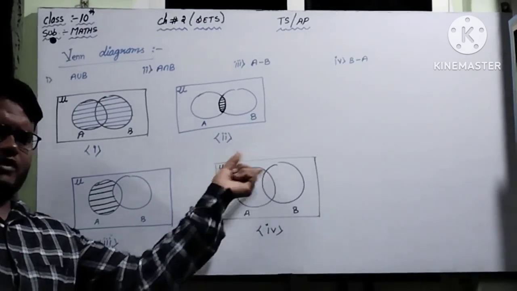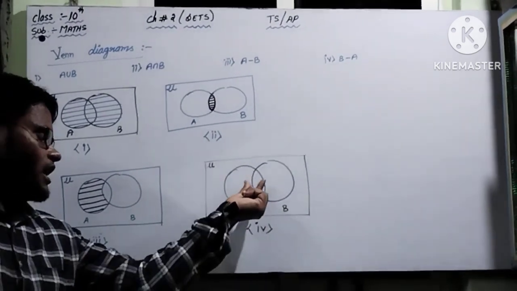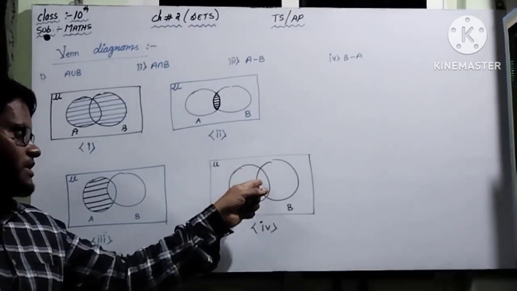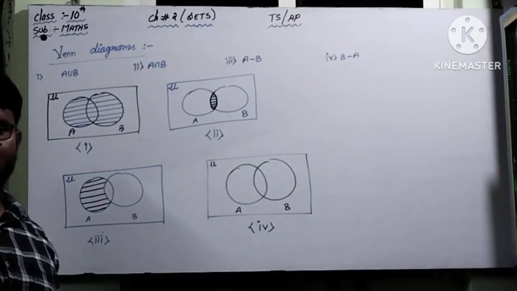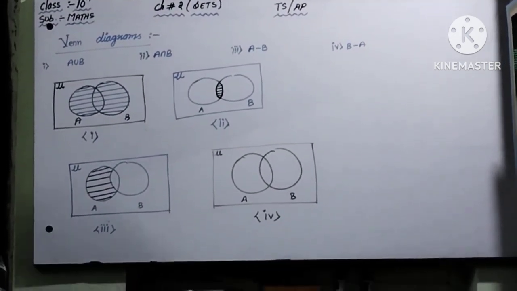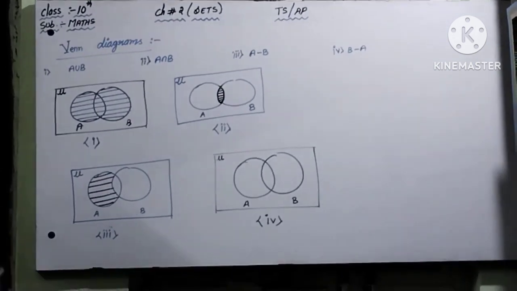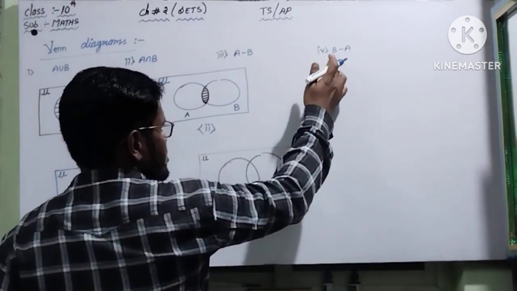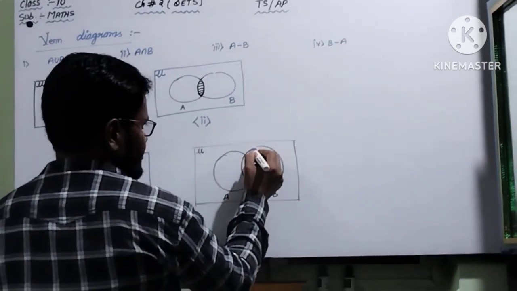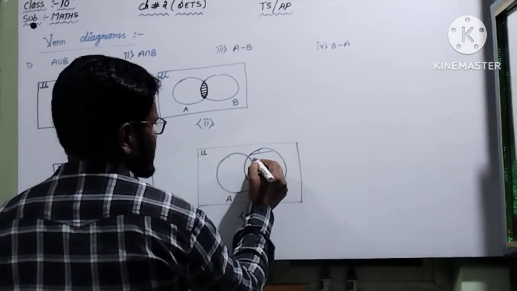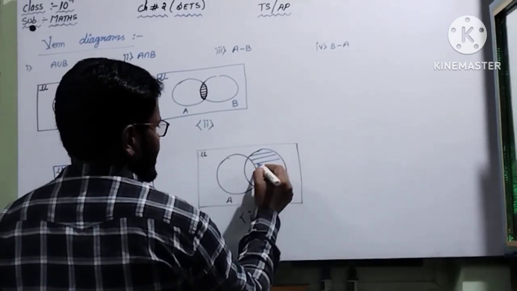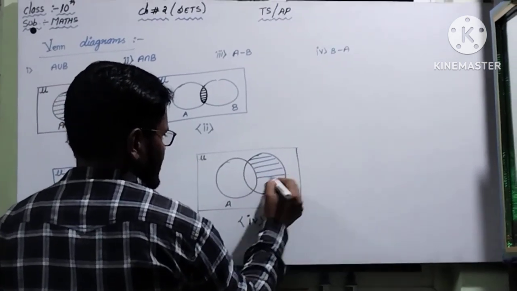This is the common part of A and B. Don't take the common part, because the common elements of set A and set B cancel. So the remainder is only the positive set, that is B. Only shade the B region, not the common part.